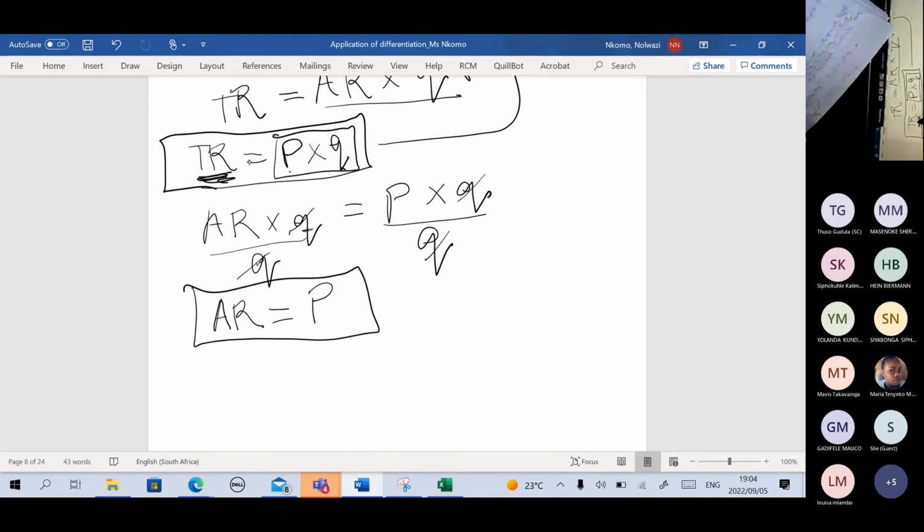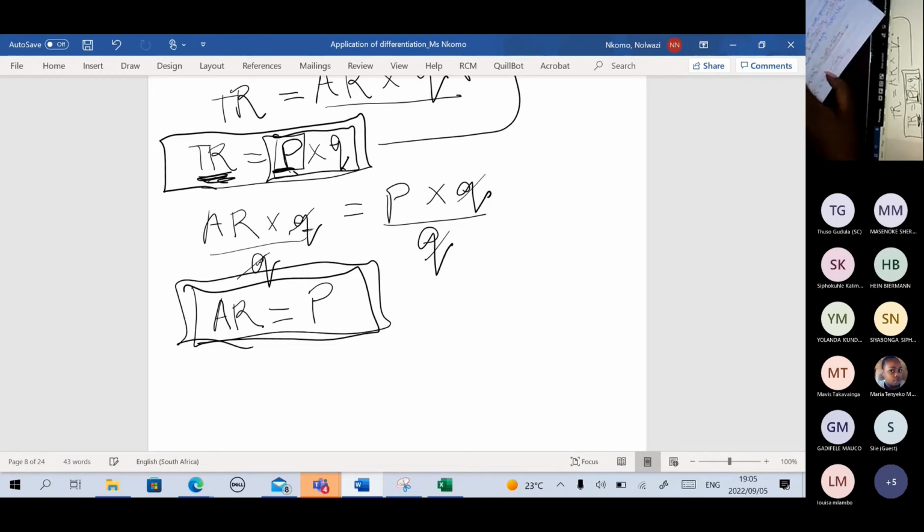Because remember, in the total revenue, this price is given by the demand function. So we can use this formula to find the average revenue. And we can use the demand function to find the average revenue.